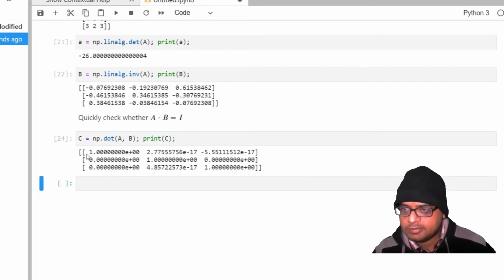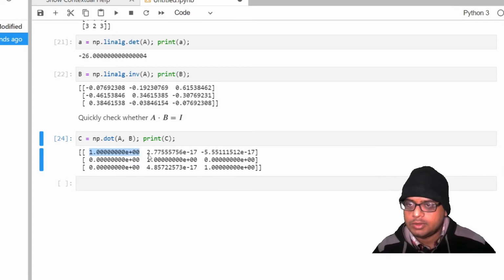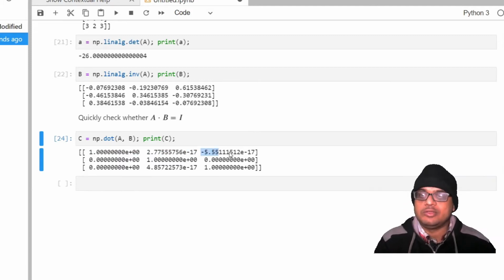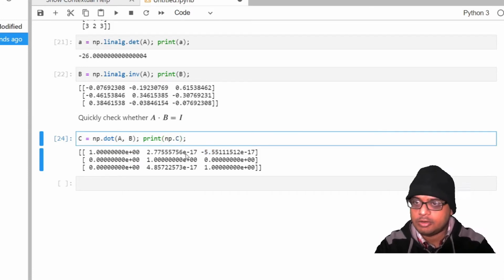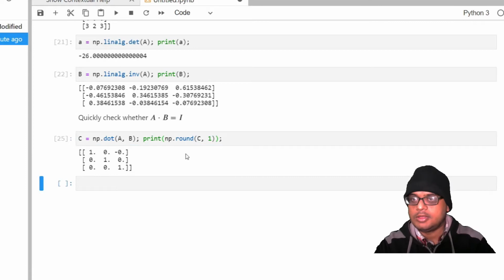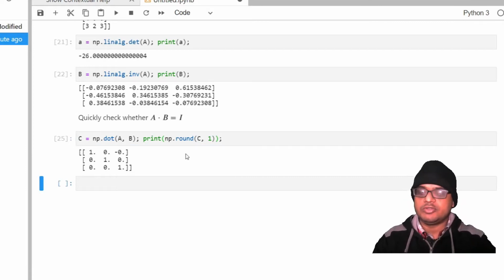So if you look at this, it is 1.00 E0, 2.77 10 to the power minus 17, minus 5.55 10 to the power minus 17. So these are as good as 0. Alright. So np dot round C comma 1. np dot round means rounded to the first decimal.